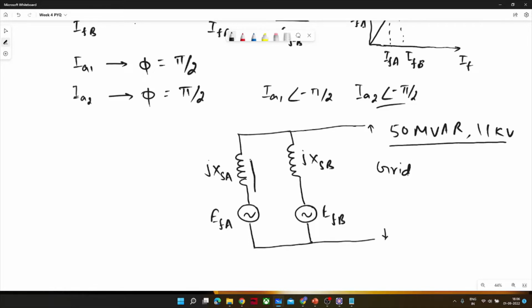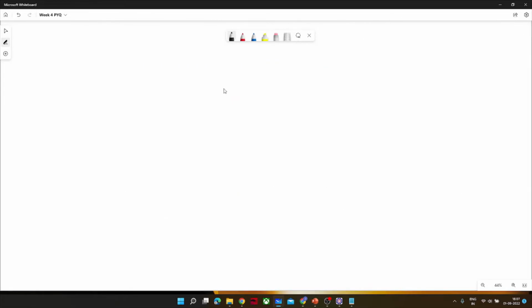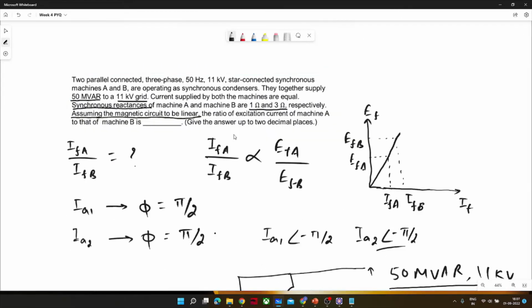Now this path would have some current IA1 angle minus pi by 2. This path would have also current IA2 angle minus pi by 2. And one more information is there. The current supplied by both the machines is equal.